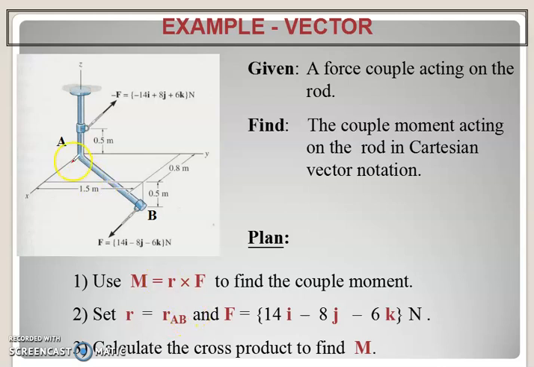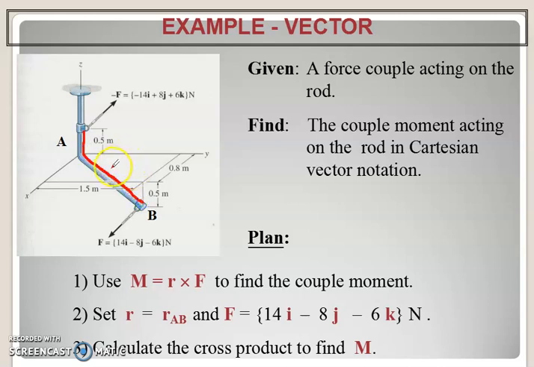So please remember, when you want to find the moment of the couple force like this, your moment must be from negative F to F, so from here to here.